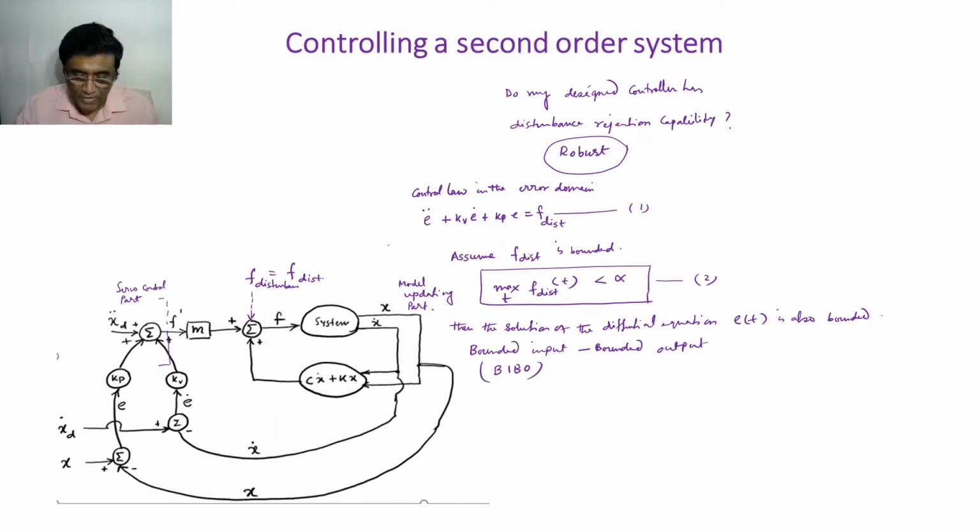So intuitively also, you see, if I have a large disturbing force which is unbounded, of course my controller will be broken.